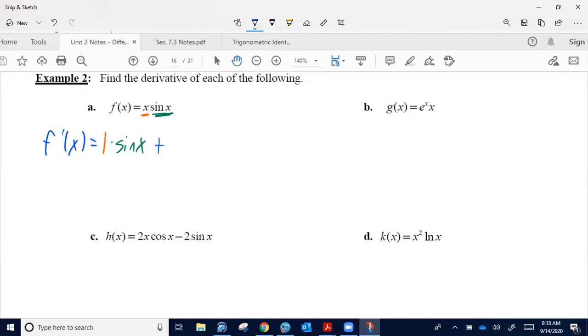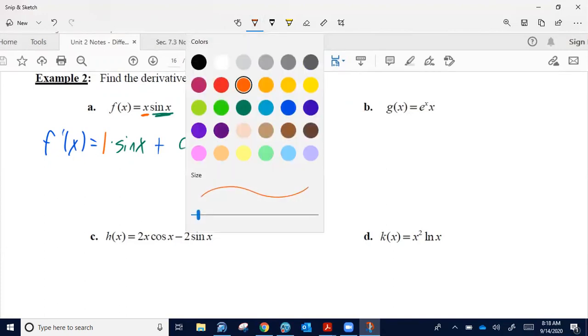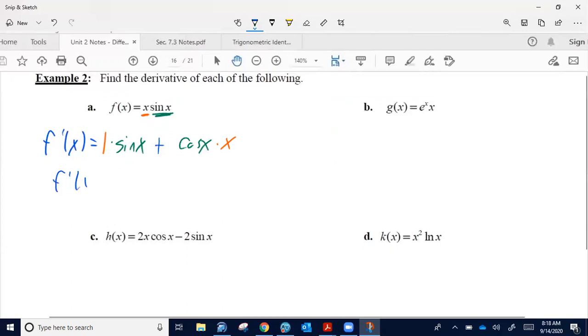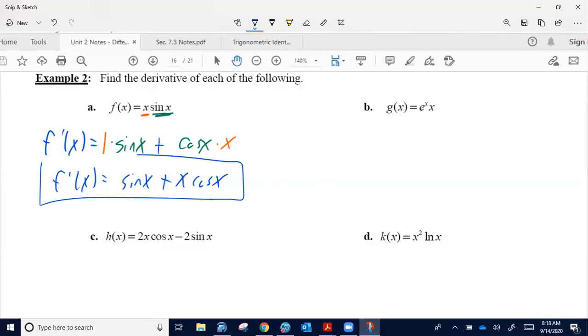The derivative of sine is cosine times the first part unchanged, times x. So this is going to end up simplifying, cleaning up a little bit, and we get f prime of x equals the sine of x plus x cosine of x.